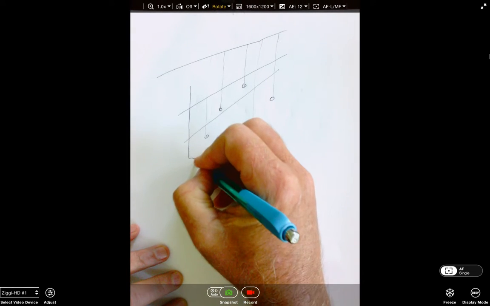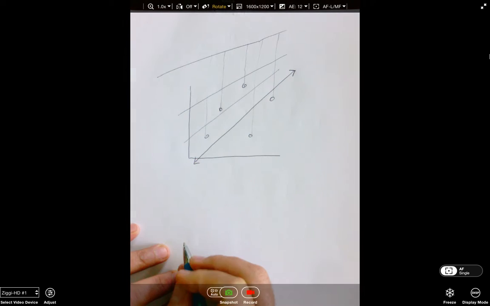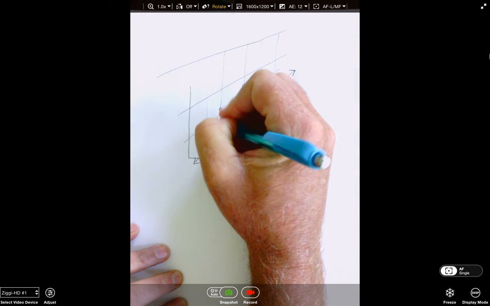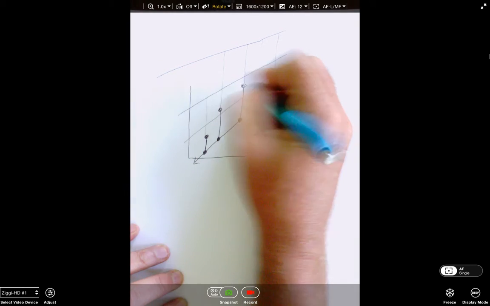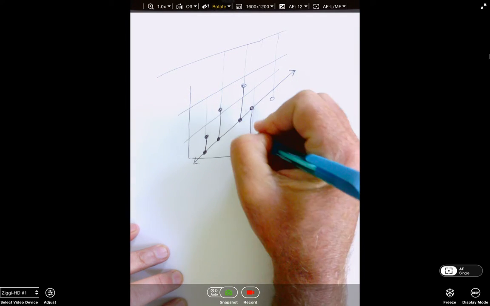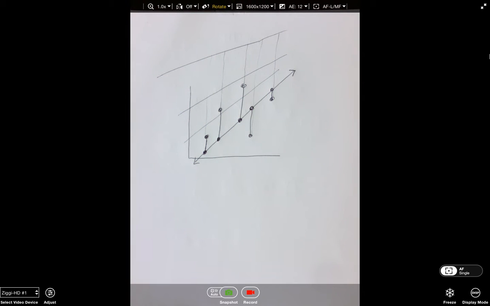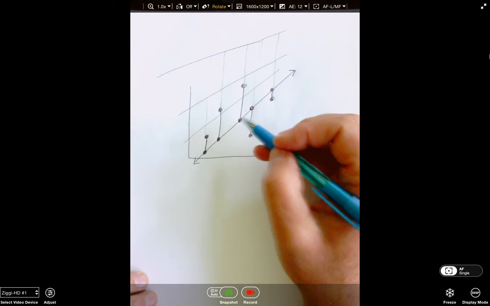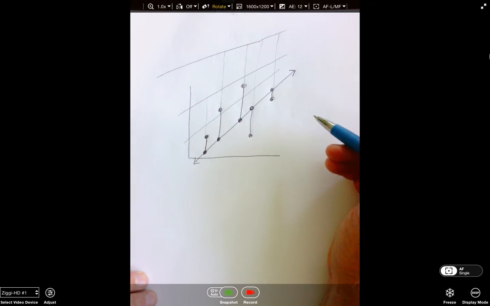Well, guys, there's some line called the line of best fit where, if I look at the sum of the distances from each point to that line, I can find one that minimizes these distances. So this is called minimizing the sum of squares.